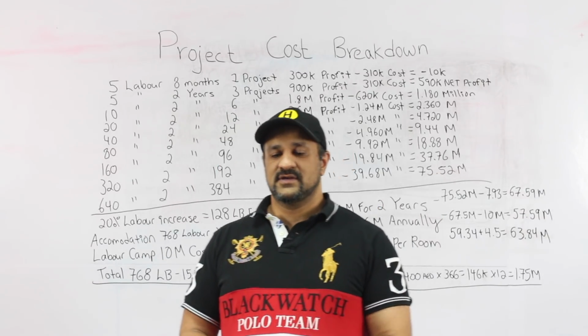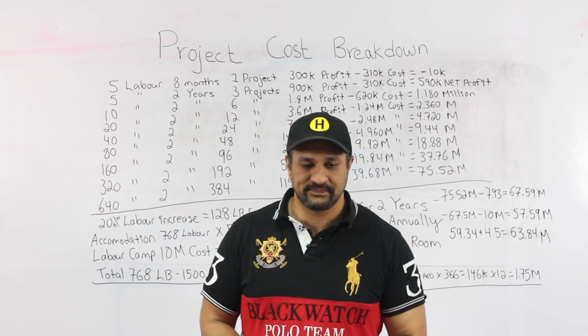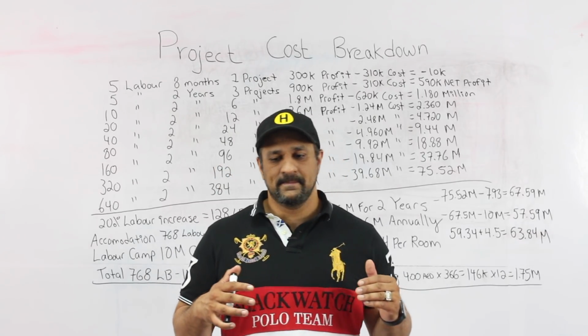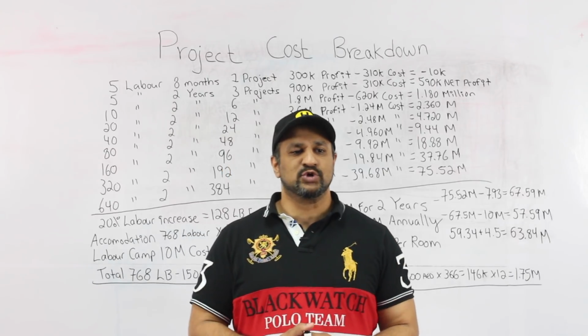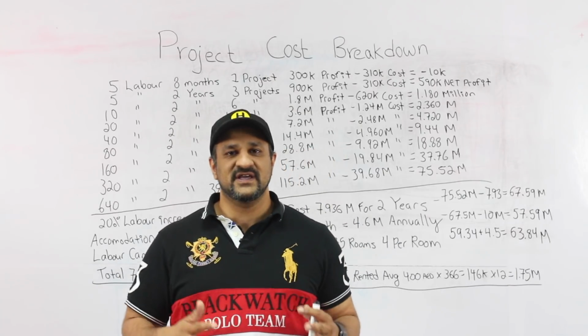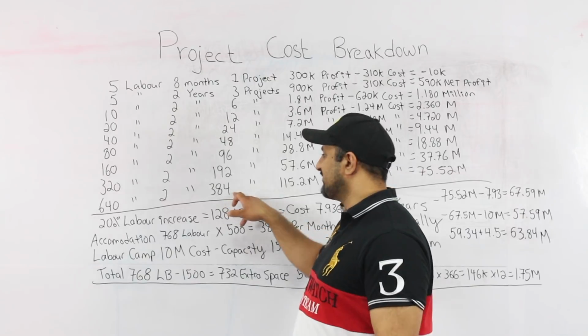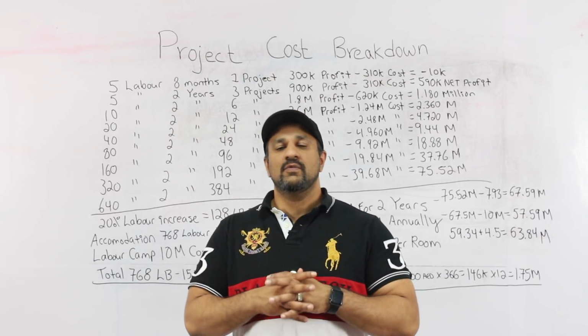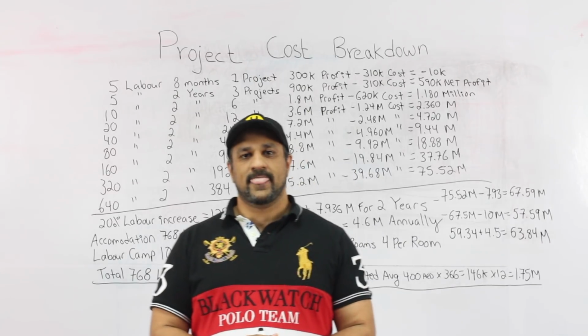But, to be quite frank and honest with you, it takes time, effort, logistics, know-how, expertise, relationships, all these different things in order to complete 700, close to 800 projects. So, we won't be able to do that in 2 years.